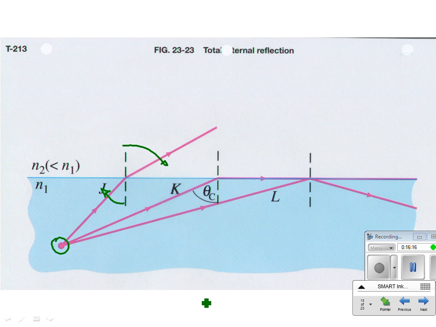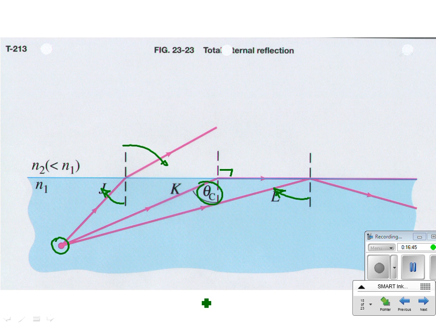And at some angle, which is known as the critical angle, the angle of incidence at which the refracted ray is 90 degrees, it runs right along the surface. It doesn't leave anymore. And if I go at anything larger than that angle, all of the energy reflects, and we have what's called total internal reflection. The light stays trapped inside.